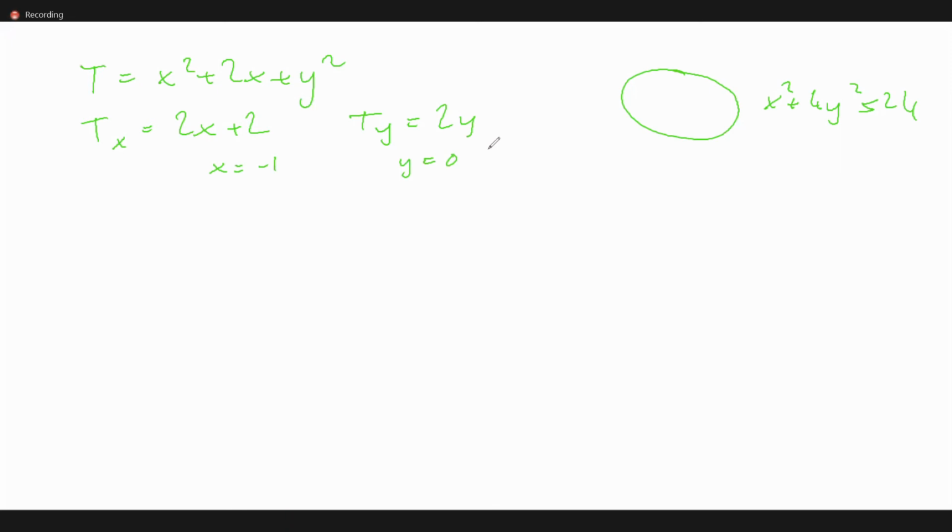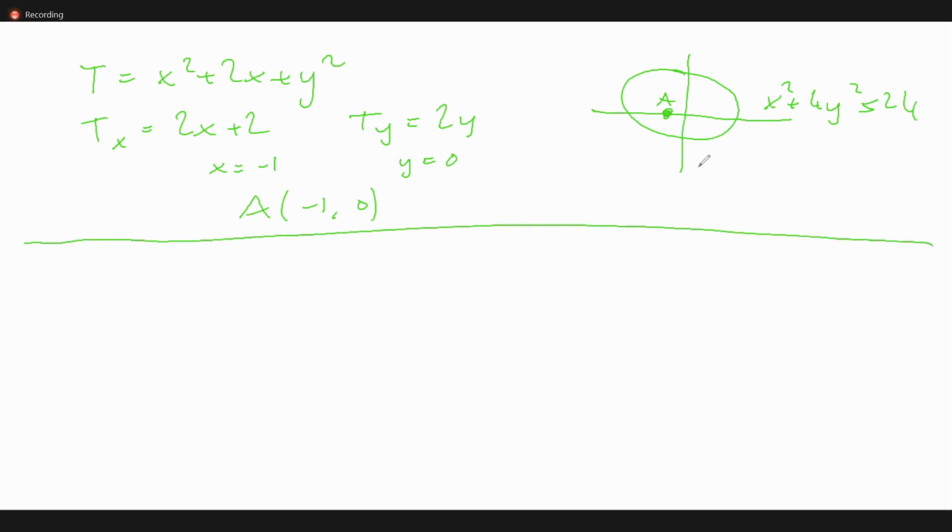So we have the critical point A, -1, 0. So -1, 0 is this point here. So this is the first critical point.